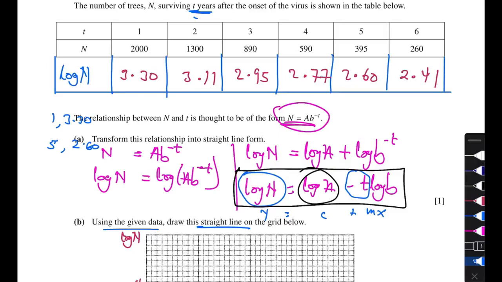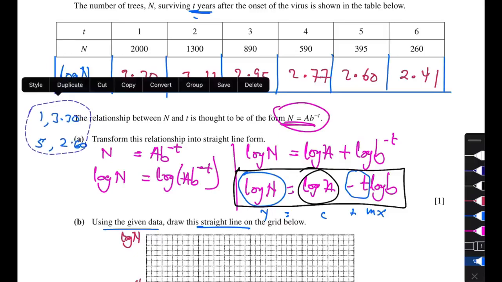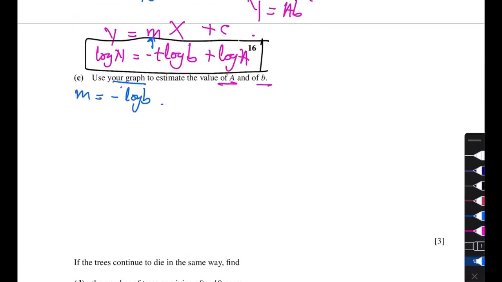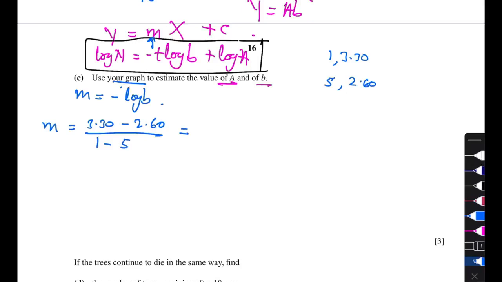Okay, and then we put it here so we can use it. So the gradient m would be 3.30 minus 2.60 over 1 minus 5. If you put it on the calculator, what do we get?